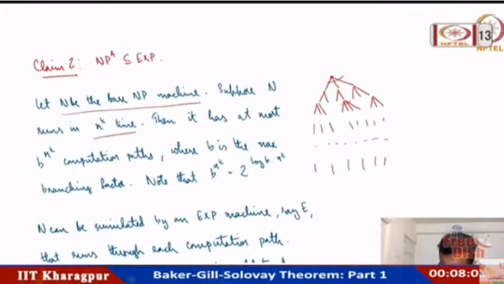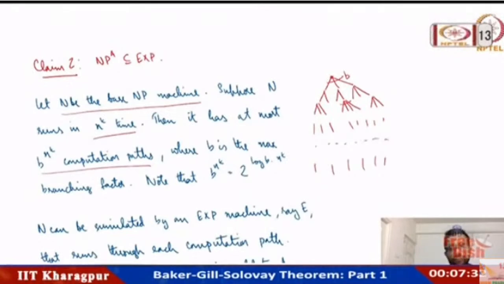In this figure, I think 4 is the maximum branching factor. If the max branching factor is B, which means the maximum number of children for any node in this computation tree, then it can have at most B power height computation paths, and the height is the time taken, which in this case is n power k. So B power height is B power n power k computation paths, right?